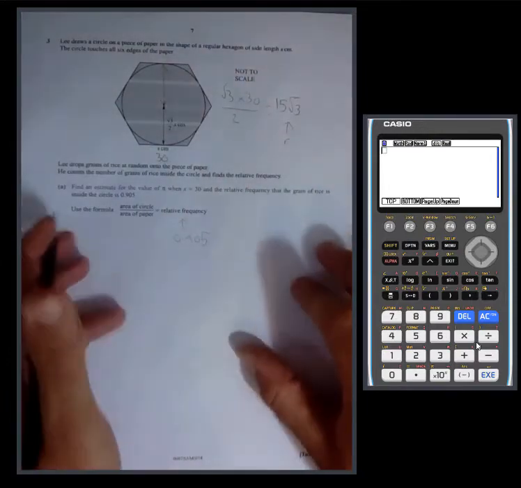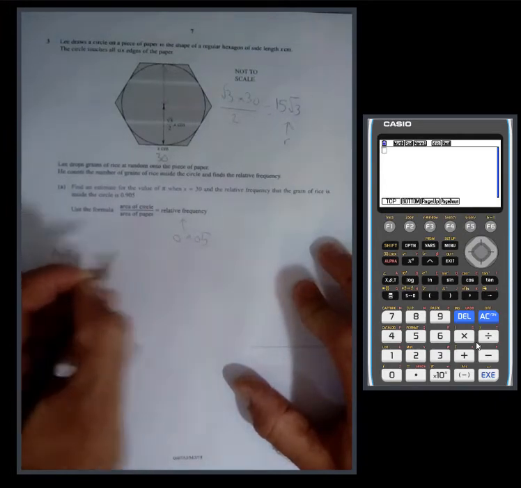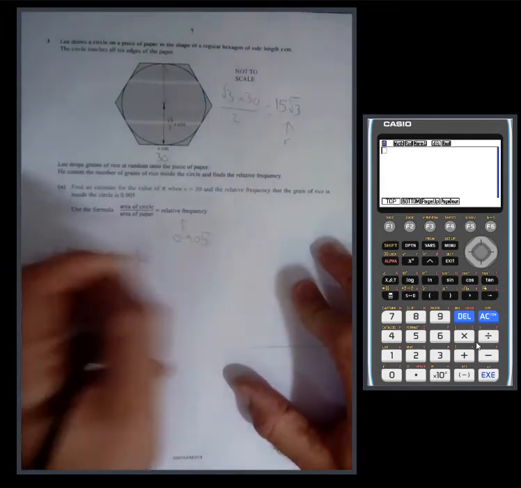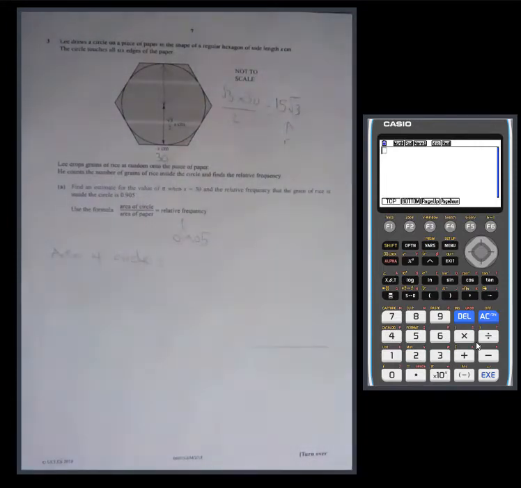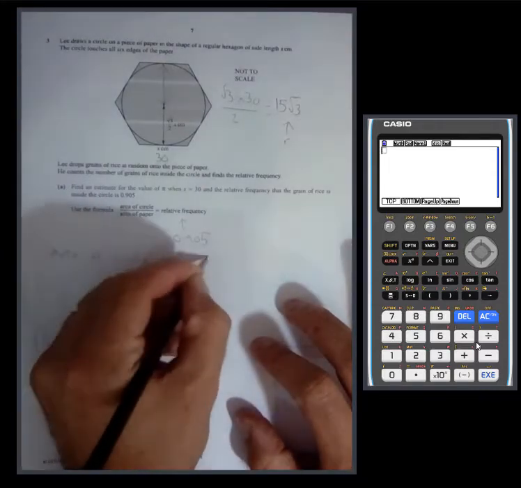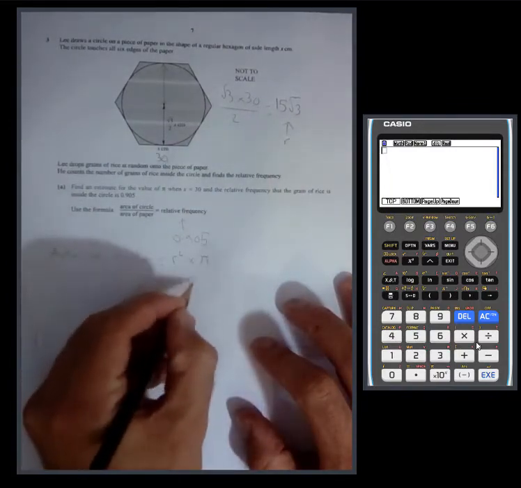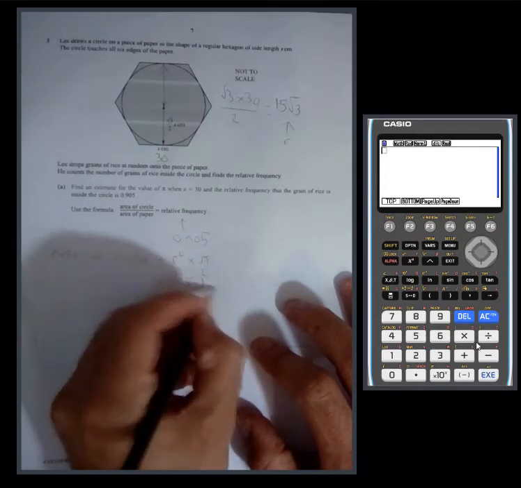Right, so area of circle. And remember, what we don't want, because this whole thing is about investigating the value of pi, is an area of circle that puts the pi in as a number. We definitely want this to be something pi. So it's r squared times pi equals, or r we just said is 15 root 3 squared times pi.